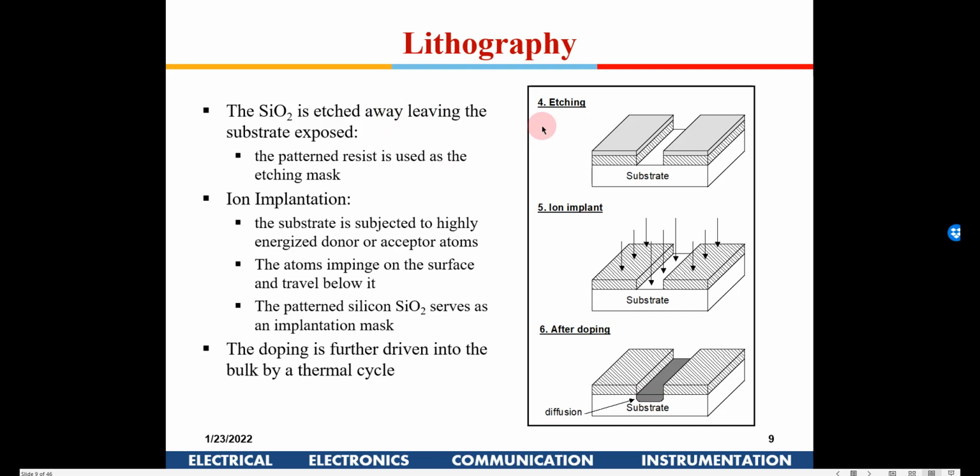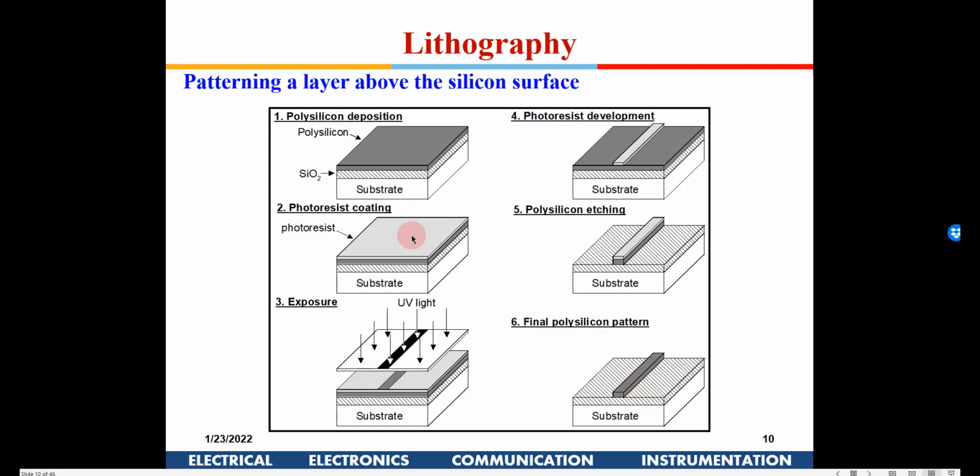Okay, so these are the 6 steps used in lithography to dope the required area in the silicon substrate with P-type or N-type dopants. So this is one step. Then over the substrate, a similar lithography process is used for development of the gates.